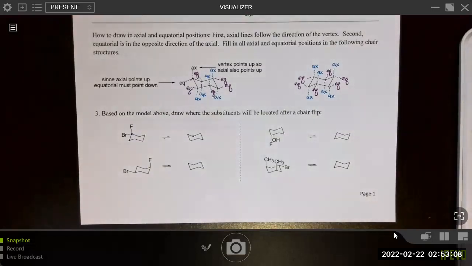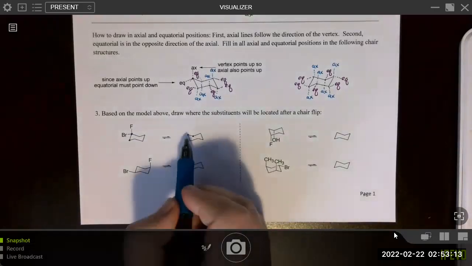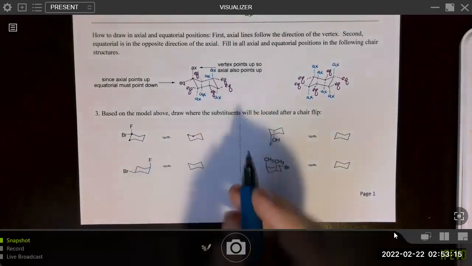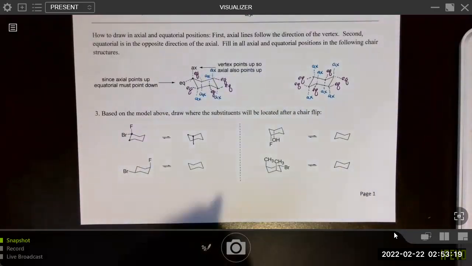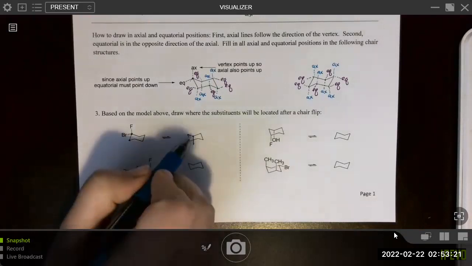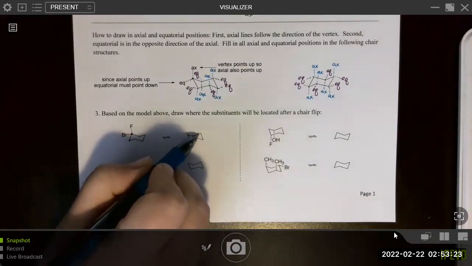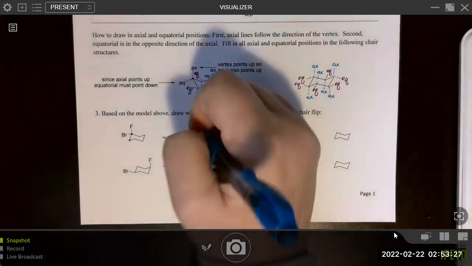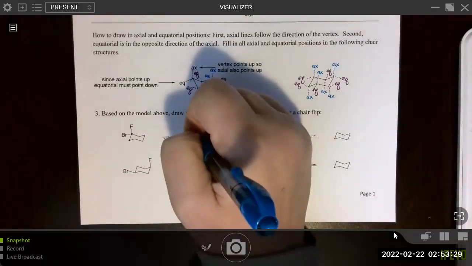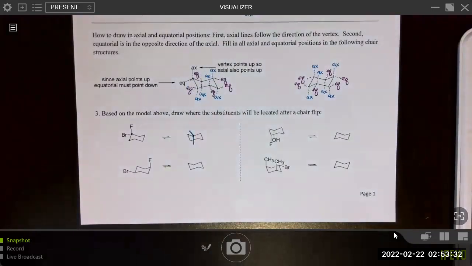And we can draw in the axial and equatorial positions on those. So this one, the axial would be straight up, so this is going to be straight down, right? And then the equatorial position will be parallel to this line and this line, right? Since it's one away. We want to kind of draw it up to the left here, right?